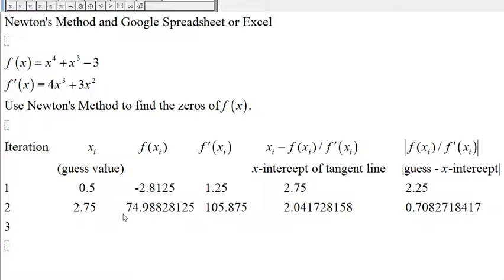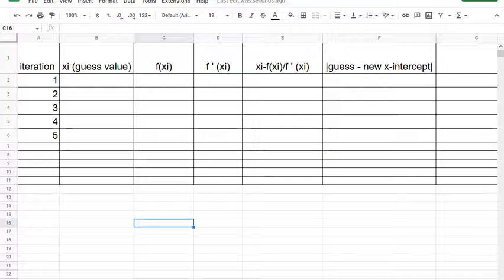And now we will go to Google Spreadsheet to do all these calculations. And this is Google Spreadsheet. And so first, label the columns. So we have the iteration, we have the x sub i, which is the guess value, guess of the zero of the function.